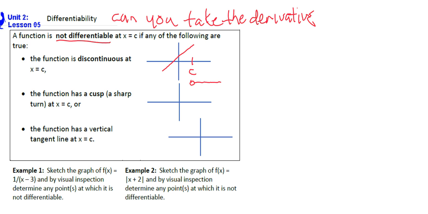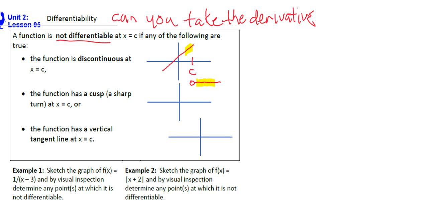Although it should be noted that you can take the derivative from the left-hand side. That would be whatever the slope of that straight line is. And from the right-hand side, as you approach, you can also take the derivative. This is a horizontal line, so the derivative would equal 0, but because it's not continuous, you cannot take the derivative at that spot at c.